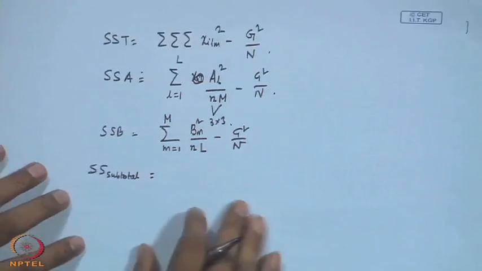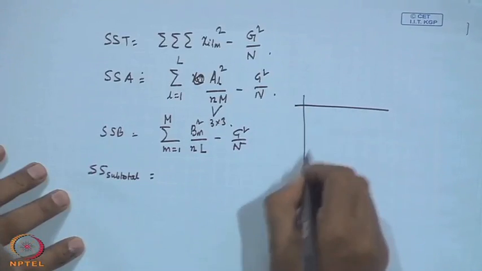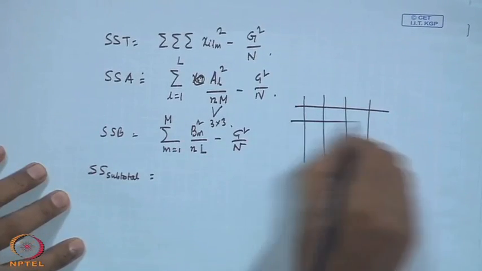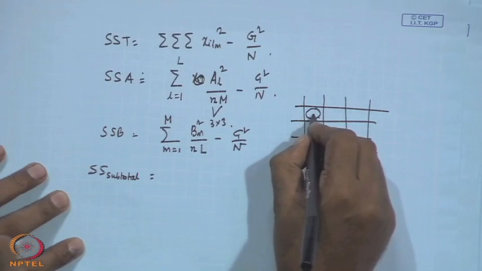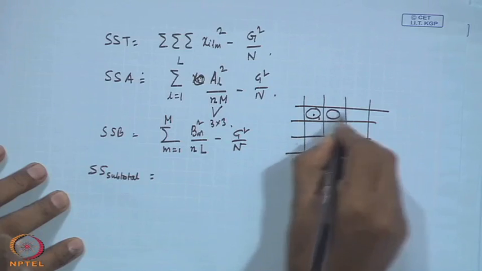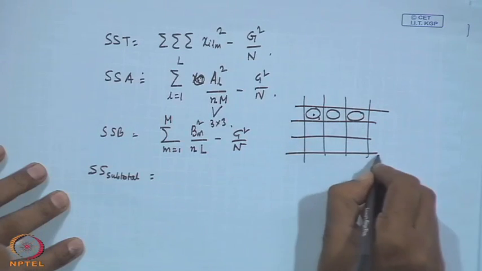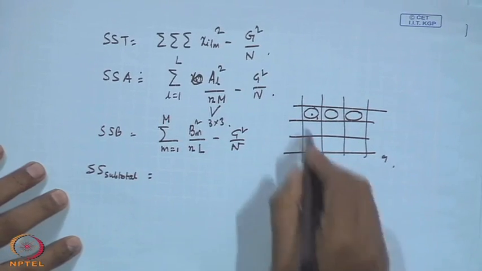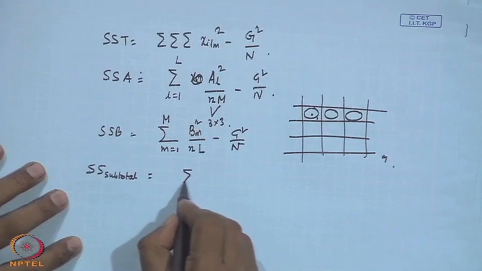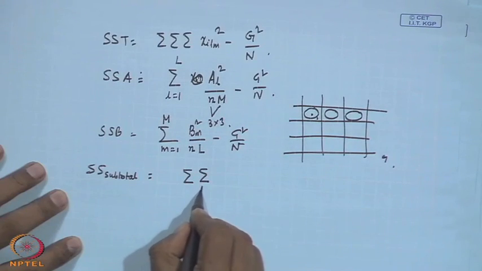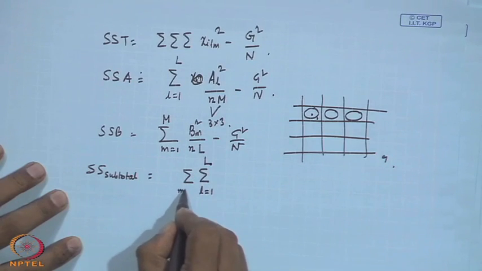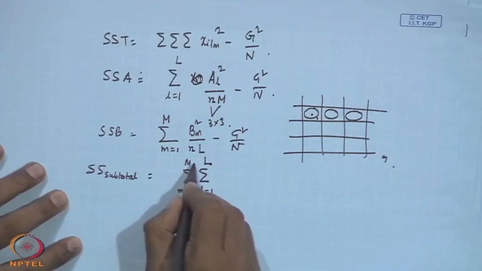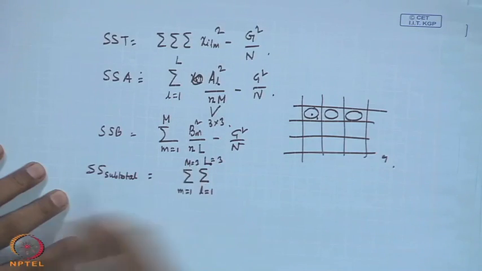Here the sum of all values in this cell, 9 values, come from L equal to 1 to capital L and M equal to 1 to capital M, where capital L equal to 3, capital M equal to 3.